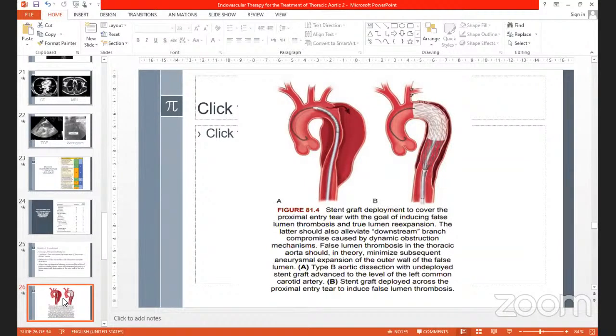الدايسكشن، الشيء الثاني في الدايسكشن إنه إحنا these days we divide the dissection into acute, subacute and chronic.